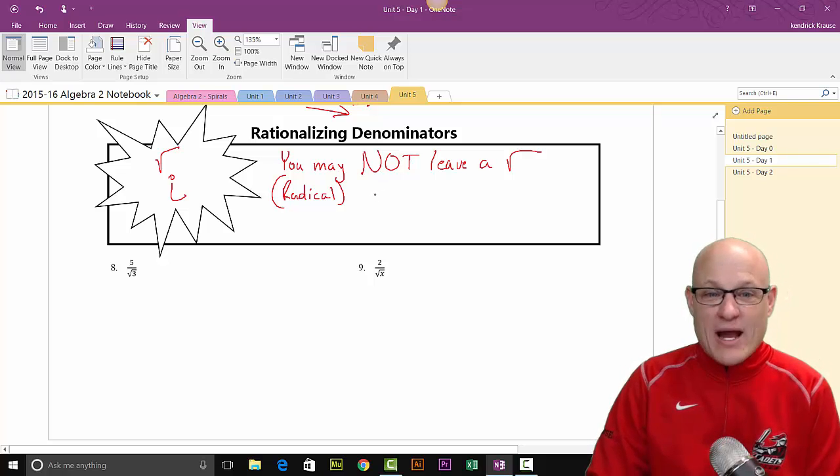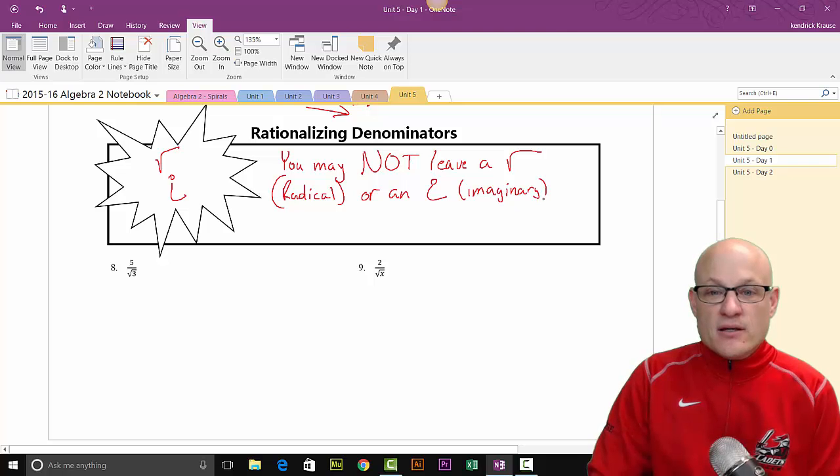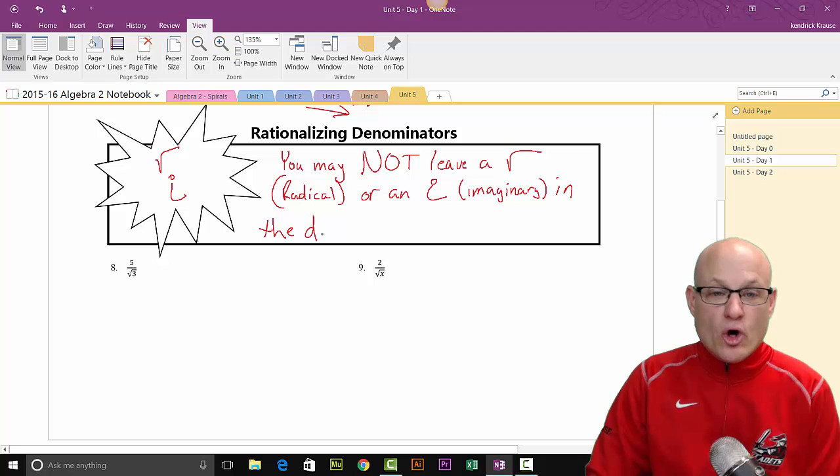You may not leave a radical, a square root, or an i, which stands for imaginary numbers, in the denominator of a fraction.